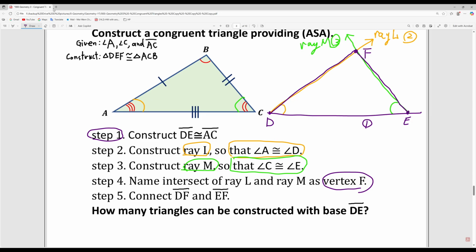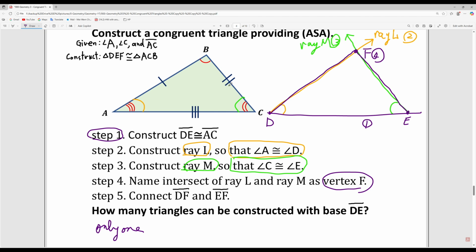Okay, so then we are done. This is step 4 and step 5. Can you connect? Then how many triangles can be constructed with base DE? Yes, only one.